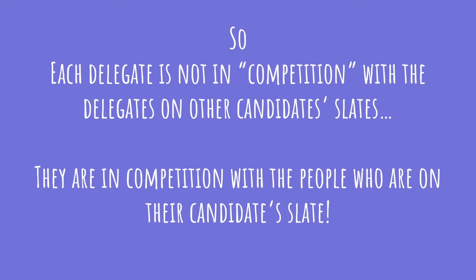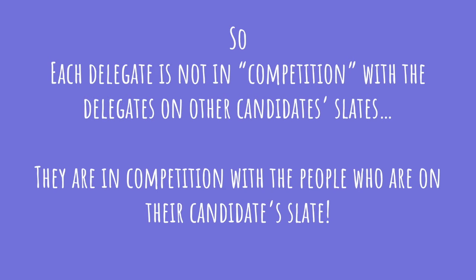So what this means is each delegate is not in competition with the delegates on other slates. Each delegate is in competition with the people who are on their candidate's slate. Because Warren's delegate will be Warren's highest scoring person.